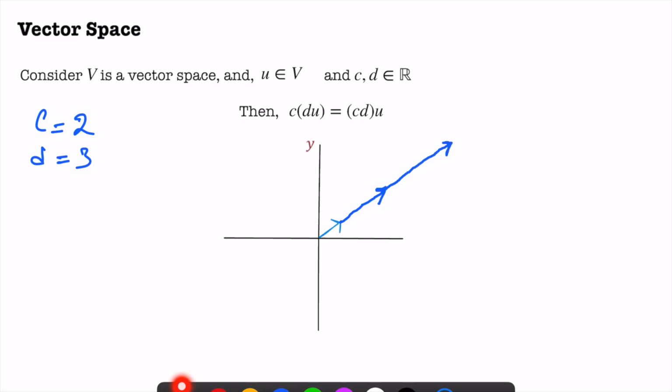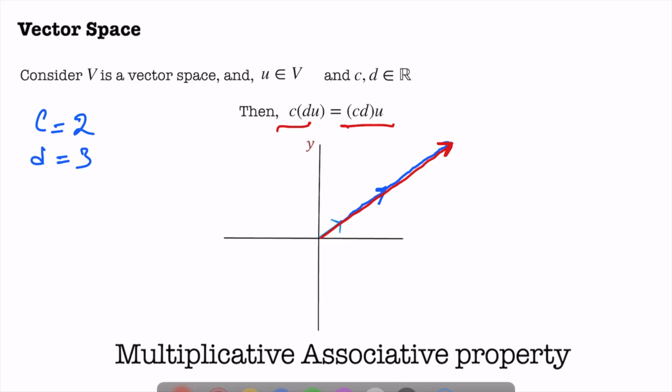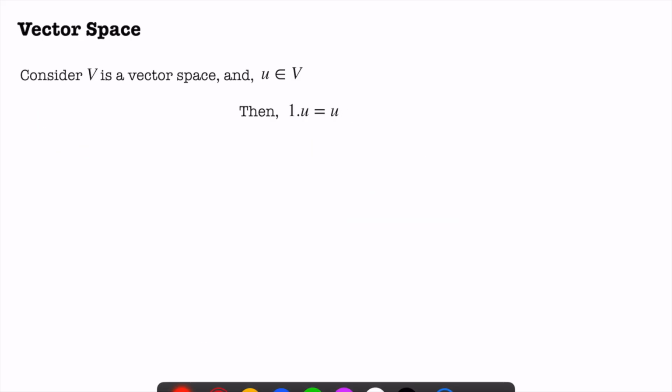And in the right hand side we are multiplying this one 6 times. So again we will be reaching the same position. So this one and this one should be same. This is called multiplicative associative property.